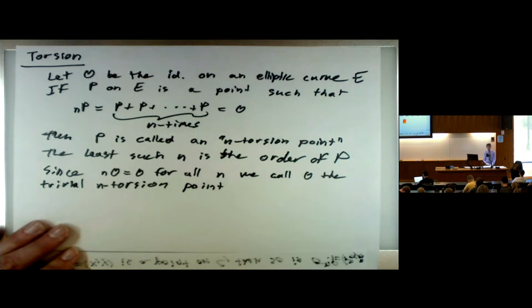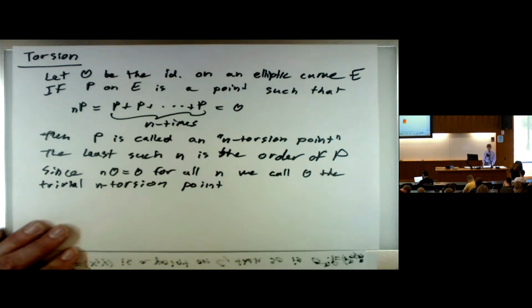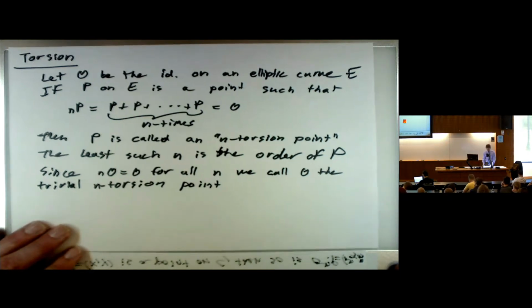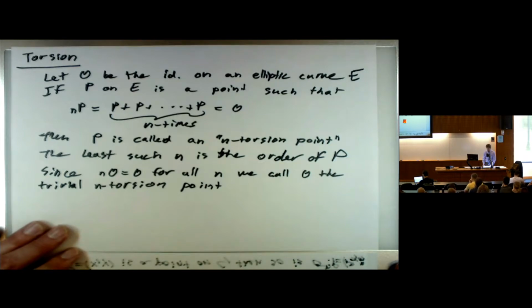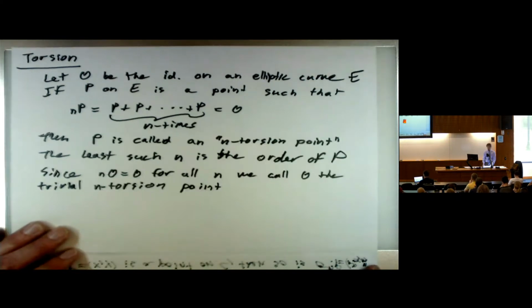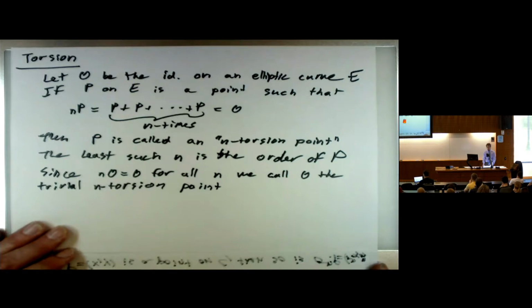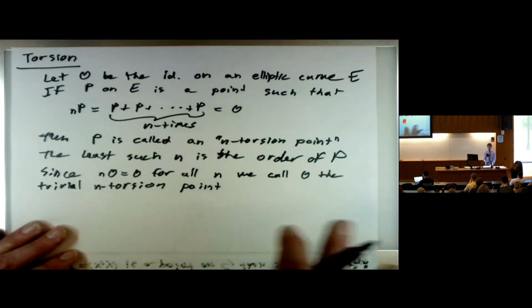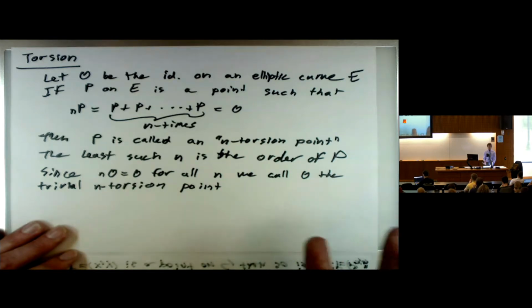So we have to be a little bit careful often when speaking of torsion points by saying that we have a non-trivial torsion point. If we don't have such a point, then we often say that we have trivial torsion, right? And if we are over an algebraically closed field, we're going to have torsion other than trivial torsion.